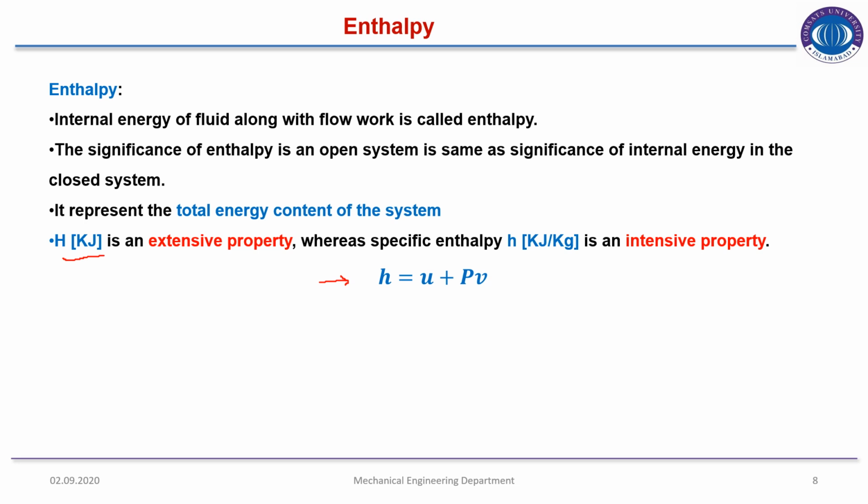So the specific enthalpy is represented by small h and the formula for specific enthalpy is h is equal to u plus pv, where u is the specific internal energy, p is the pressure and v is the specific volume.